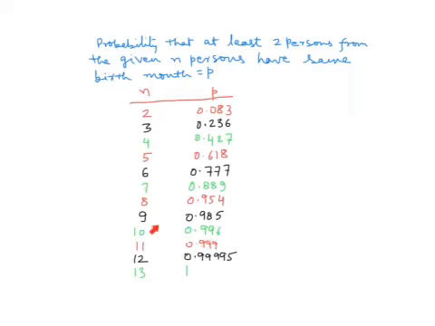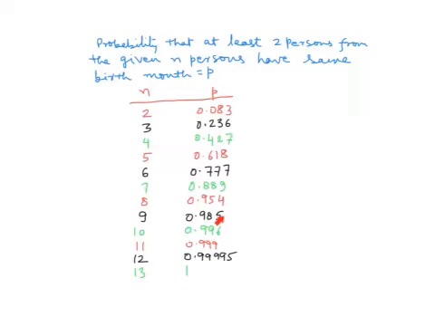When 9 persons are there, the probability is 0.985, a small reduction again, obviously more than when the number of persons changed from 12 to 11 or 11 to 10, but still 0.985 is a very decent probability of winning. It means that if 9 persons are there, the probability that at least 2 persons have the same birth month is 0.985.